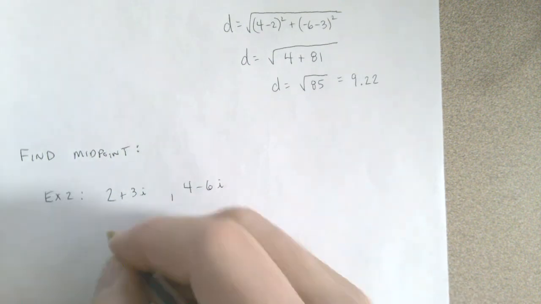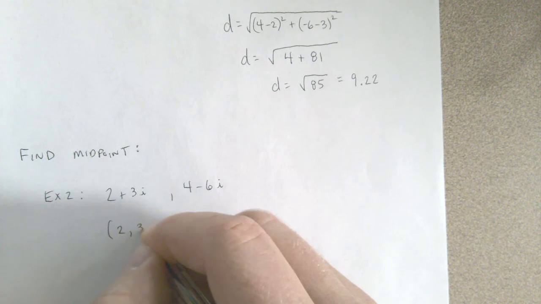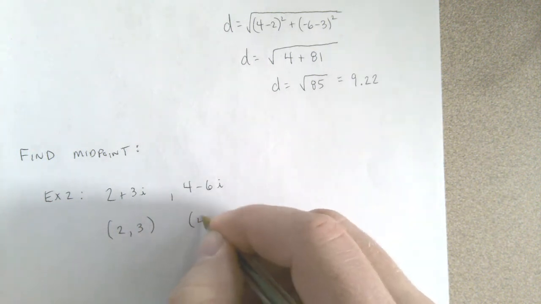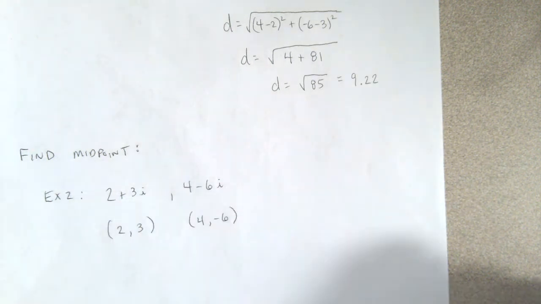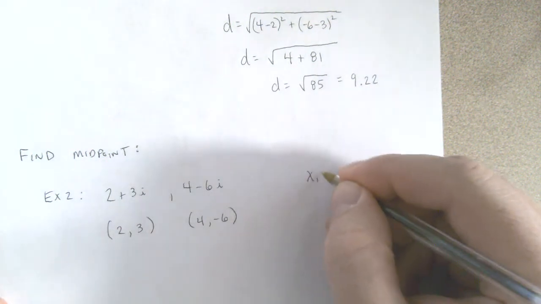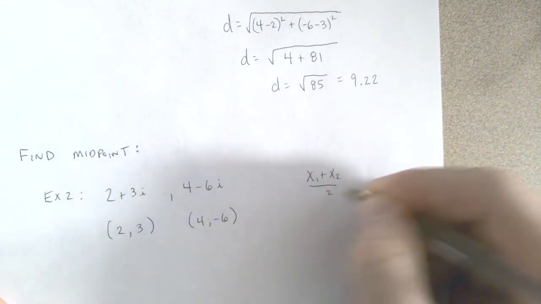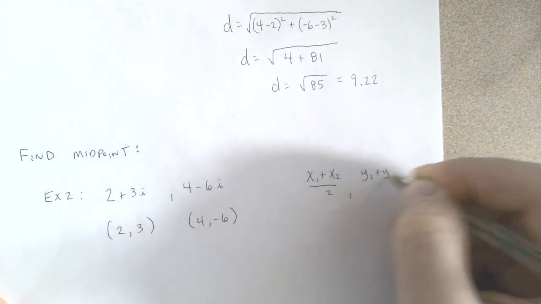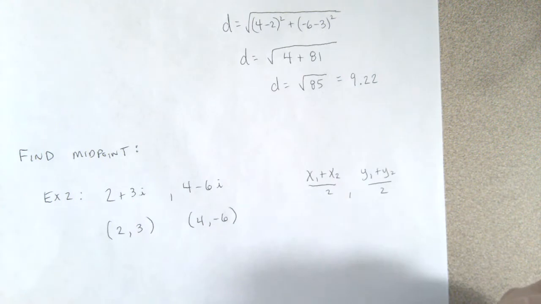Again, probably a good idea to list it as a set of coordinates to solve this. We know the midpoint formula: x1 plus x2 over 2, y1 plus y2 over 2.